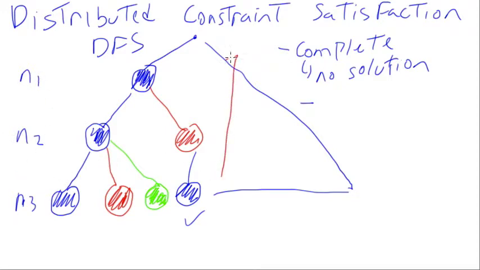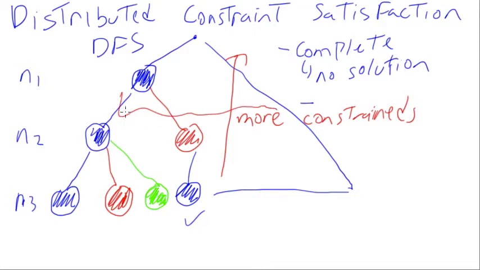Generally you want to put the more constrained nodes towards the top, because that way you hit the wall earlier, and so you backtrack earlier, and you end up searching the top part of the tree, and you don't have to go deep. Because of that, people use a lot of heuristics to help improve the basic algorithm for their particular domain. So the particular ordering is going to depend on your domain.